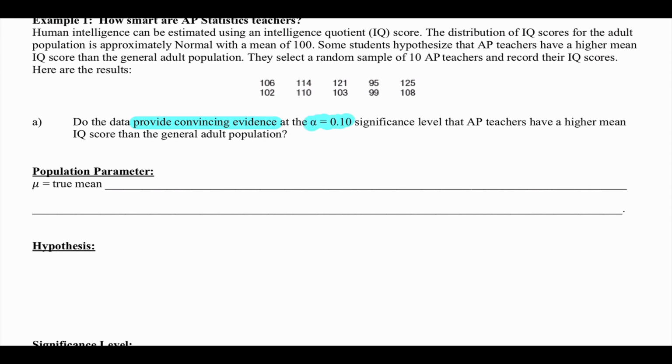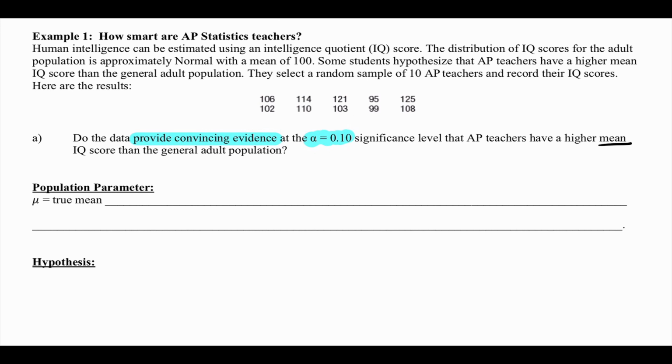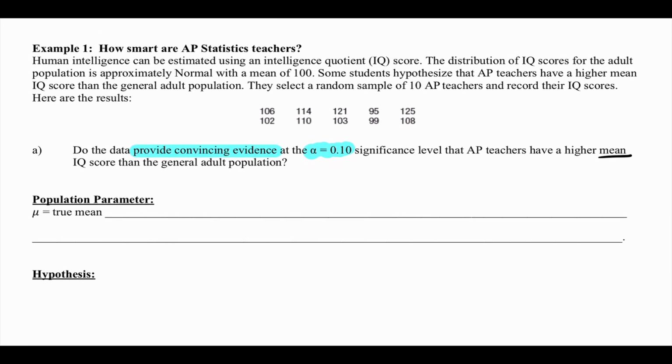We have a means, right? Means, higher mean. So we know it's means. Is this going to be T or Z? It's going to be T. I don't have the true standard deviation for all AP teachers' intelligence IQs.